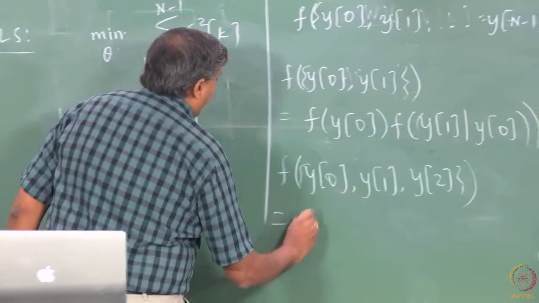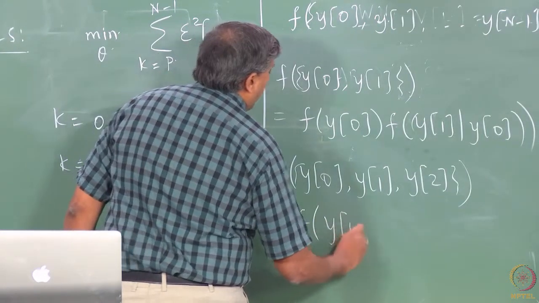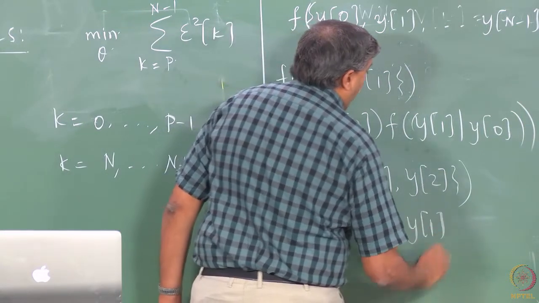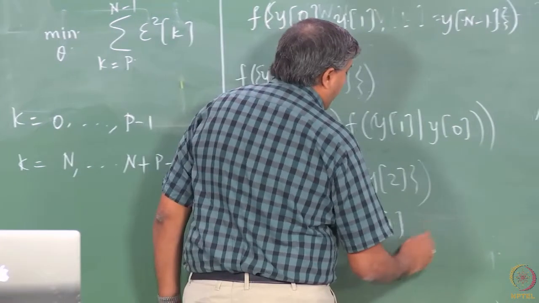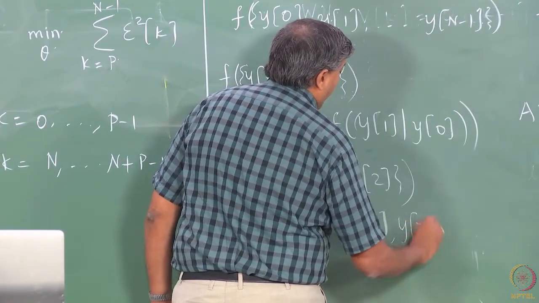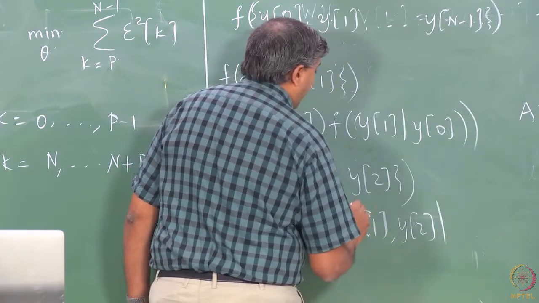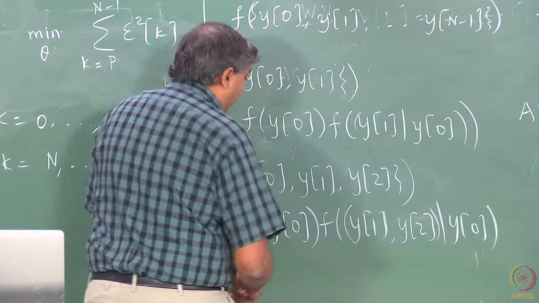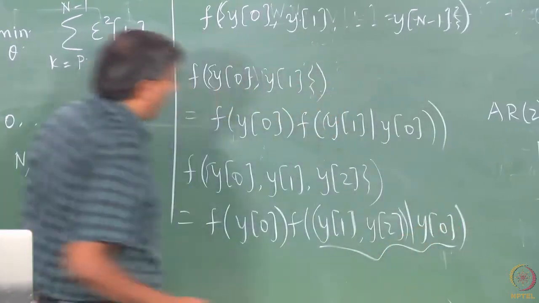So, let us do that. You say f of y0 times f of y1 and y2 given y0, right. Which you can further factorize. So, this part you can further factorize, and what would be that?